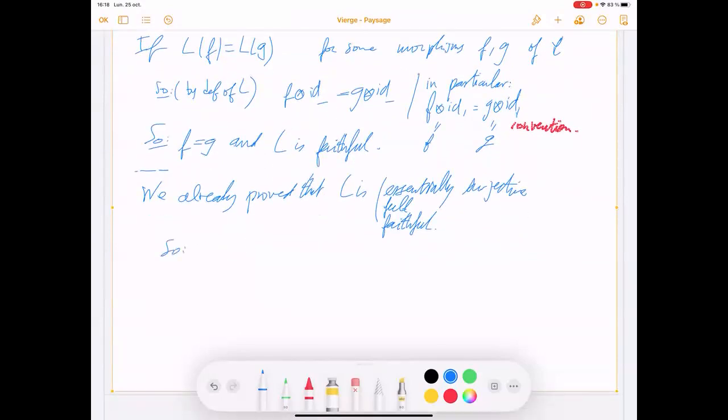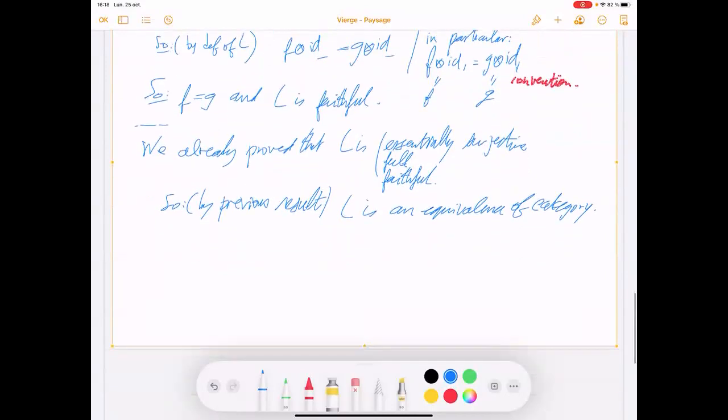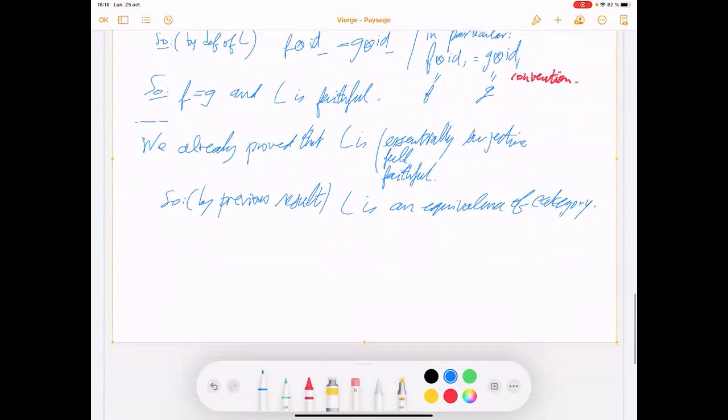So by the previous result we mentioned, L is an equivalence of categories, because an equivalence of categories is the same thing as essentially surjective, full, and faithful. So this is proved.